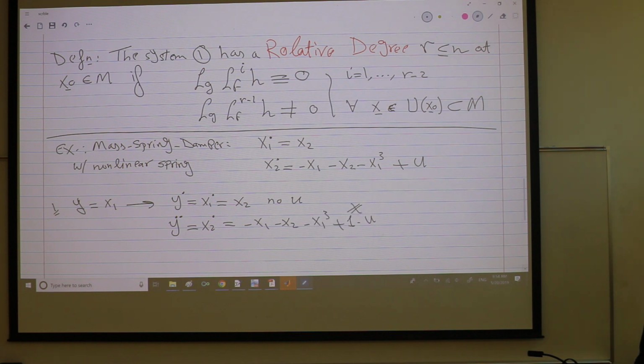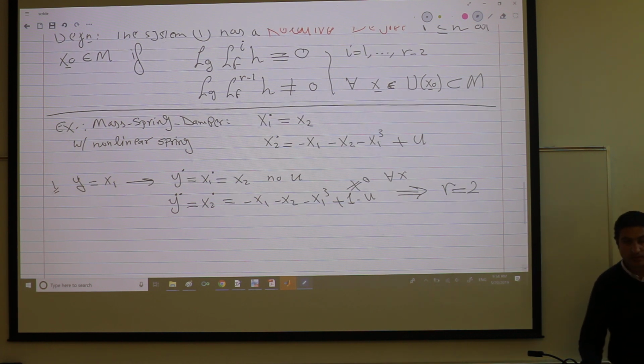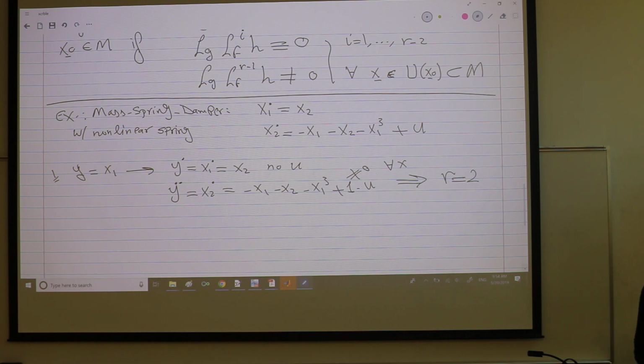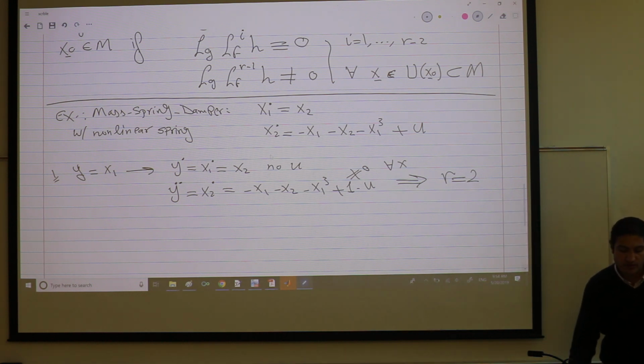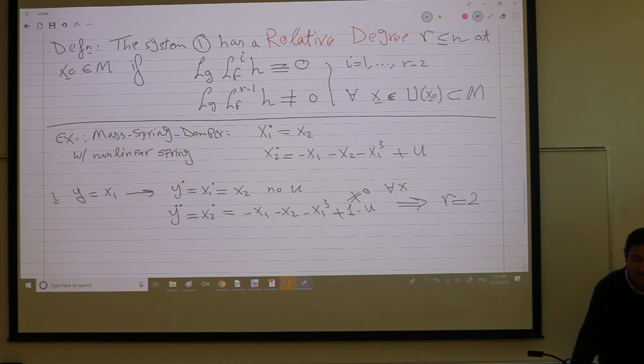So this guy is not 0 for all x. So the system has relative degree 2, right? Differentiated twice, the relative degree is 2. And the system is order 2. So actually this is input-state linearizable, which is obvious from the beginning because the only nonlinear term appears right next to u, so I can cancel it by choice of u, right?